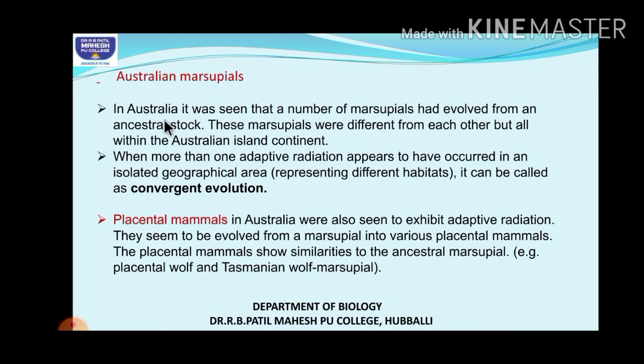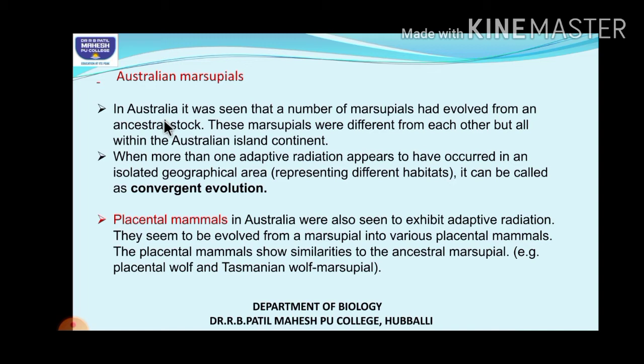They had evolved from their ancestors, and in one continent itself many varieties of such pouched mammals were found. They had adjusted themselves to different environmental conditions in the same continent. They had changed their behavior. So this is one example.